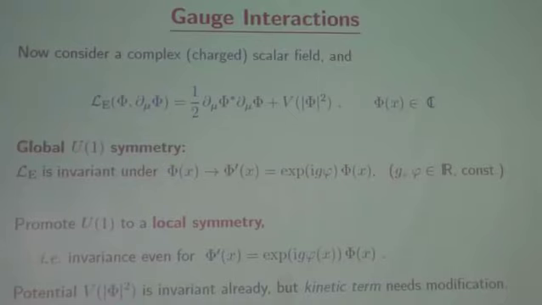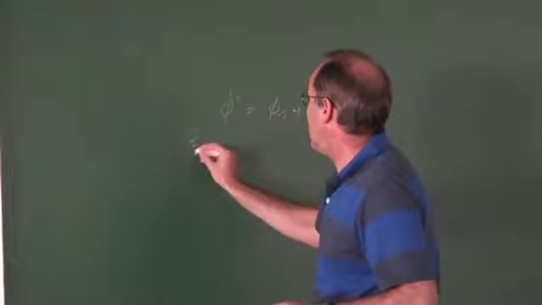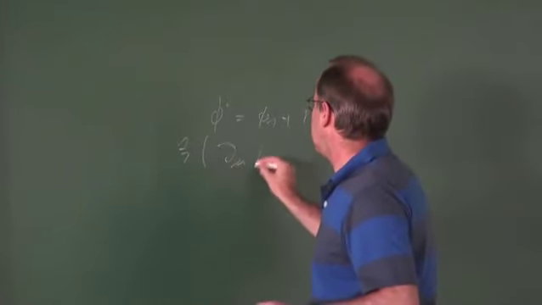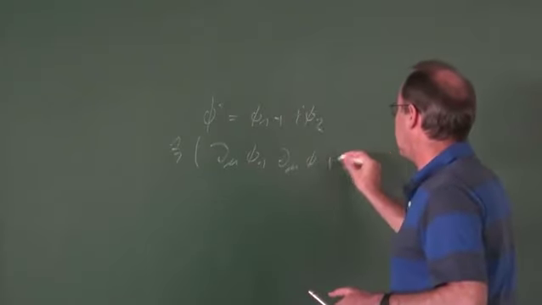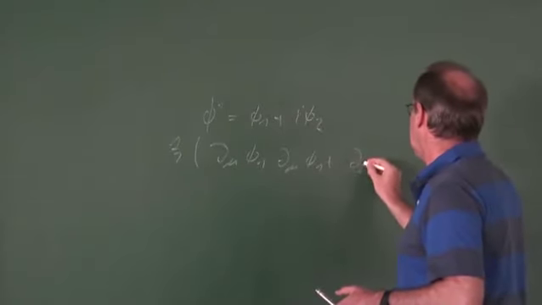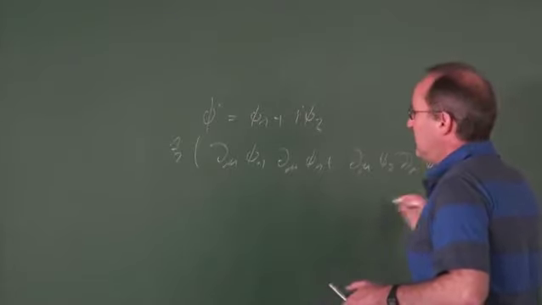But if you decompose it like phi star phi, with phi equal to phi 1 plus i times phi 2, then you have essentially one half (partial mu phi 1) squared plus (partial mu phi 2) squared.